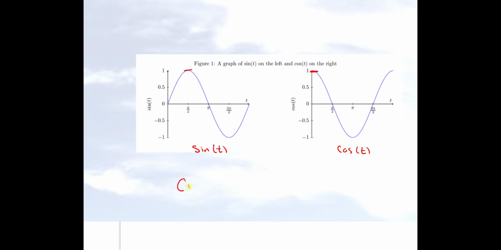We know that cosine theta is equal to sine of theta plus 90 degrees. So both the sine and cosine at the same frequency have the same shape of oscillation, but with a shift of 90 degrees. The sine here with no phase shift starts at the origin with a magnitude of 0, whereas the cosine starts at the origin with a magnitude of 1.